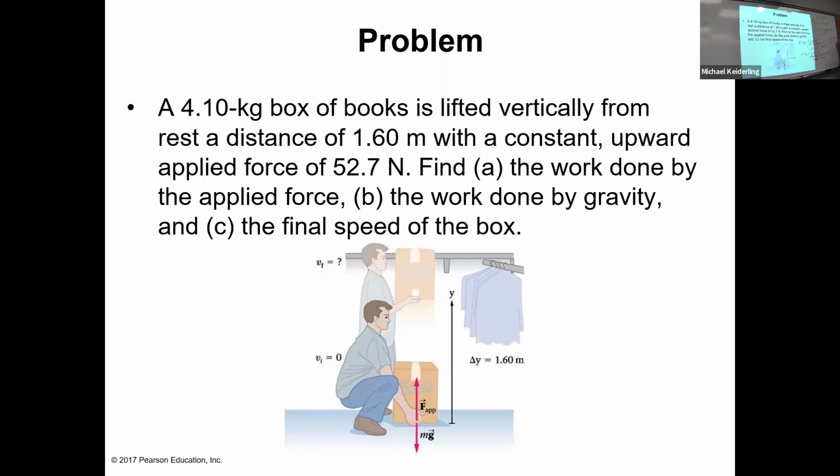That is 1/2 mv squared. So v is the square root of 2 times 20 joules over 4.10 kilograms. So velocity is 3.12.